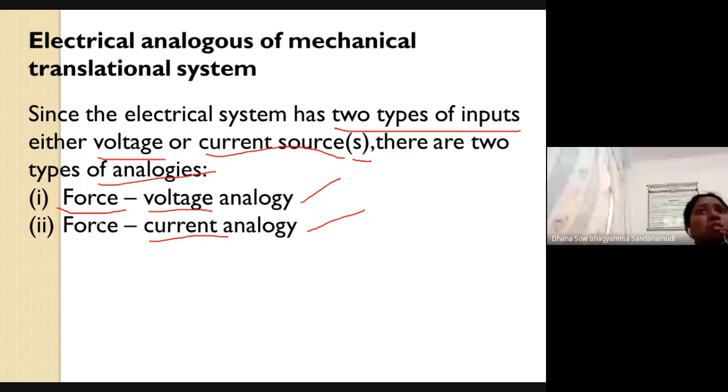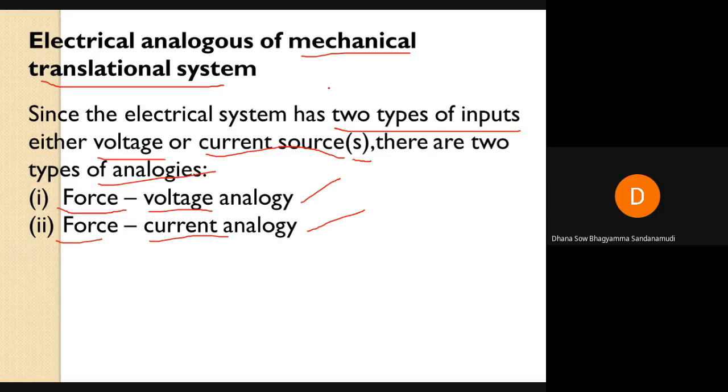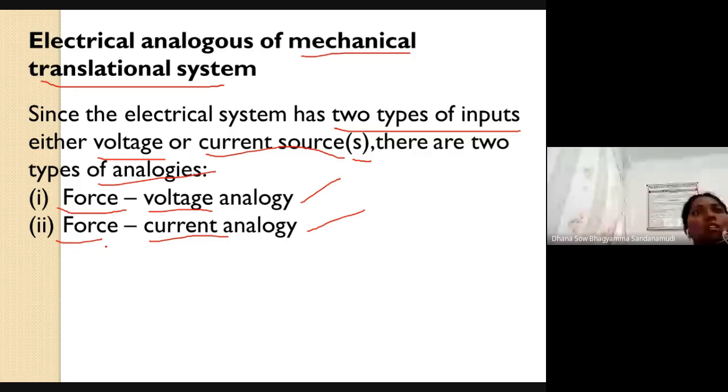For a mechanical system only force is the input, but for the electrical system, input can be voltage source or current source. That's why we have to discuss two types of analogy: force voltage analogy and force current analogy. We'll discuss these two analogies in the next class.